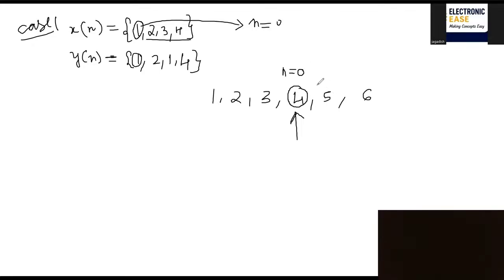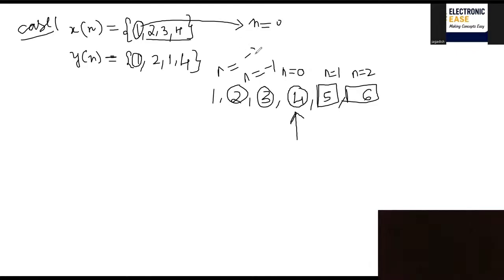Here n equal to +1, n equal to 2. To the left, it will always be -1, -2, and -3.